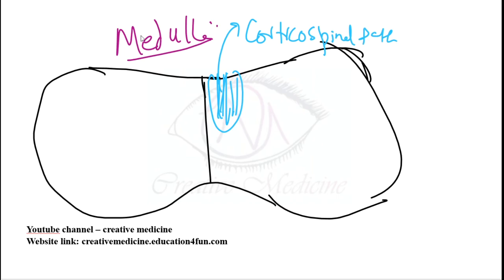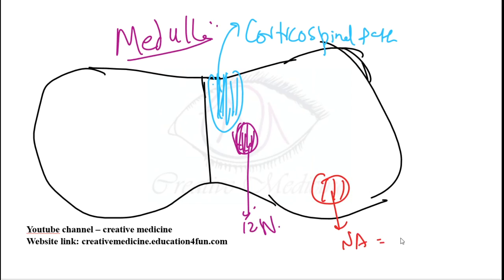Medially, this is the corticospinal pathway. Also medially in the medulla you will have the 12th nerve. Then laterally, you will have the nucleus ambiguus. This is the nucleus ambiguus, which contains the 9th, 10th and 11th nerves.